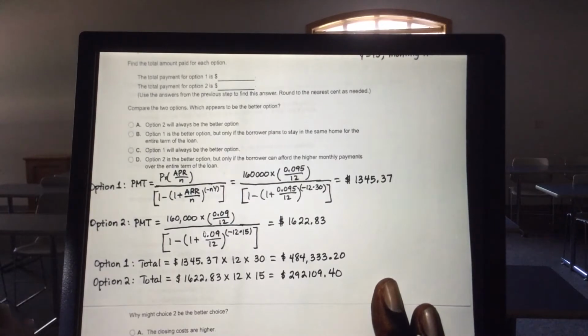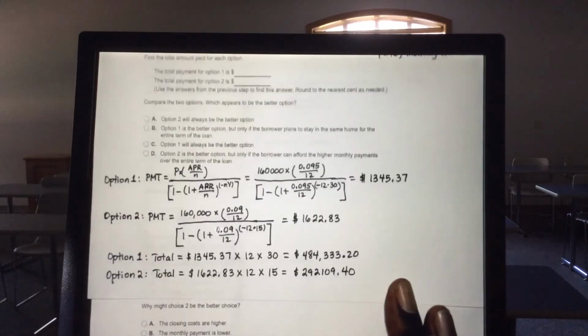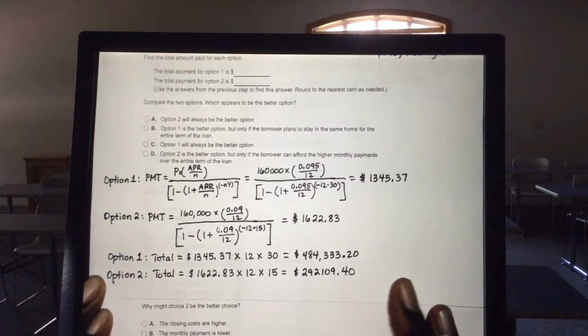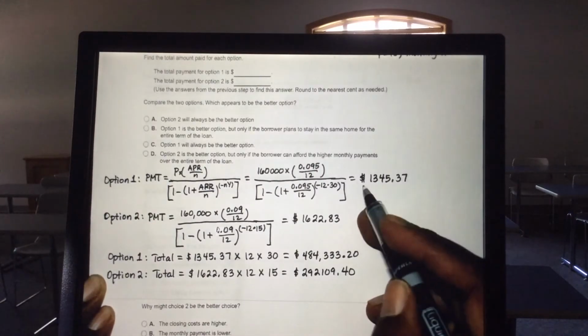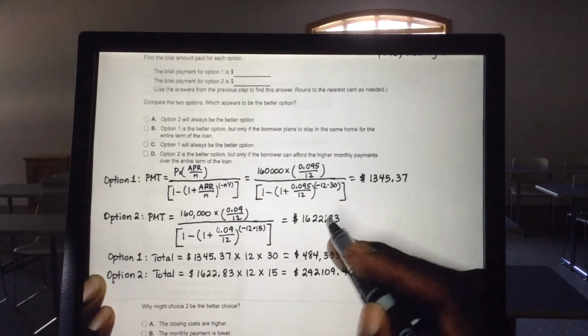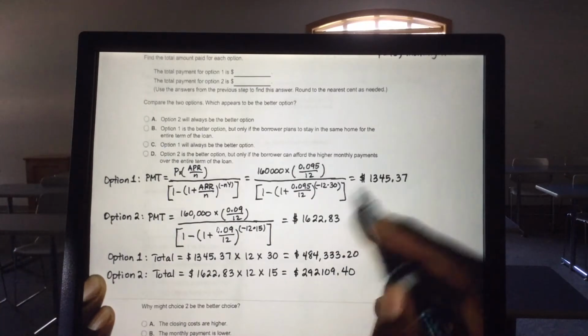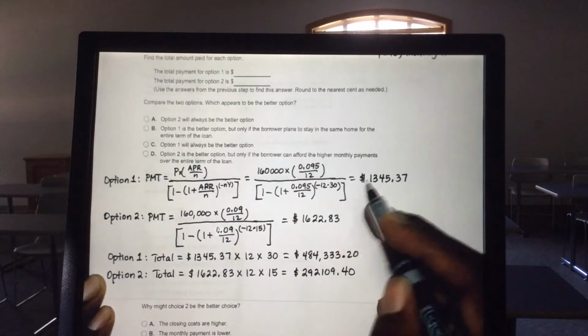Okay. Now, based on these two options here, which would appear to be the better option? If you look at it, you may think that option 1 would be better because of the lower monthly payments here.